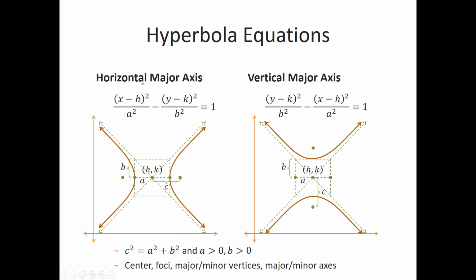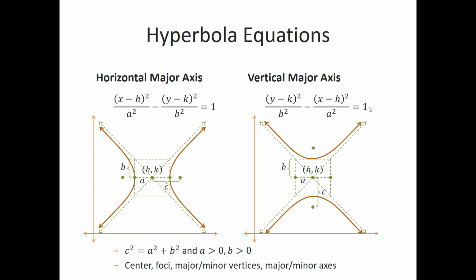If we have a horizontal major axis, so a horizontal hyperbola, with the graphs opening to the left and to the right, this is going to be an x that's being squared. So it's x squared minus y squared equals 1. If it's a vertical major axis, so the two curves open up and down, then it's a y squared minus an x squared equals 1.